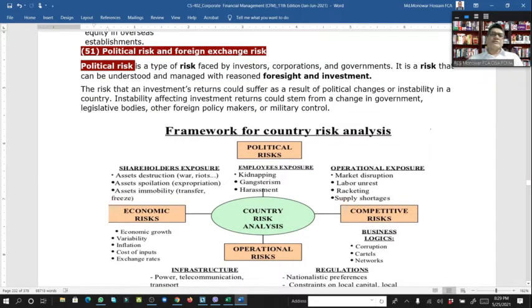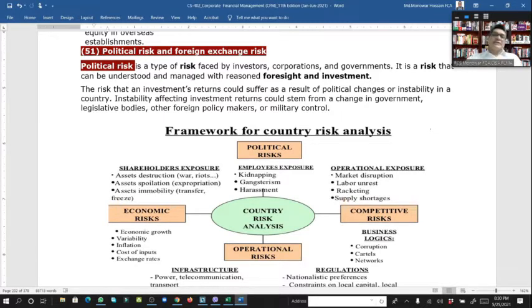Now we are seeing that political risk and foreign exchange risk are the vital things. Political risk is very vital because this is a type of risk faced by the investor, corporation, and government. It is a risk that can be understood and managed with the reasons foreseen in an investment.